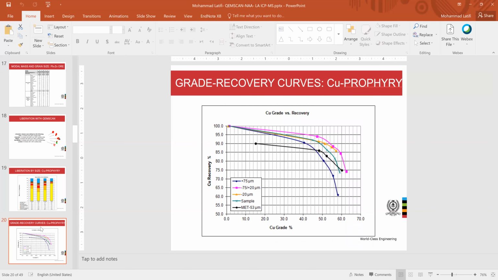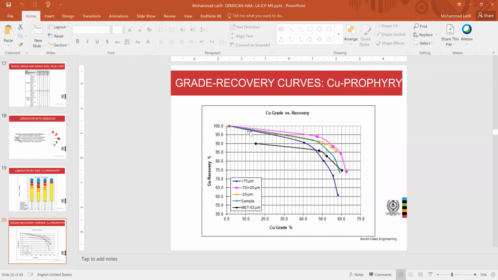This last slide that I want to share with you is about theoretical recovery and grade scenarios that are obtained from ChemScan for 4 different samples: a sample without sieving, and 3 samples after sieving was applied to a copper ore.